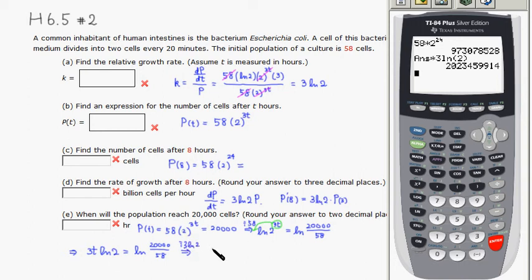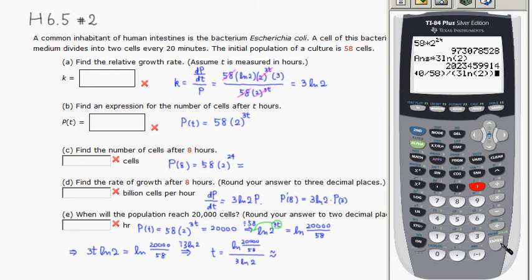So t is equal to the natural log of 20,000 divided by 58, divided by 3 natural log of 2. So in the calculator it's the natural log of 20,000 divided by 58, and then divided by, in parentheses, 3 natural log of 2.